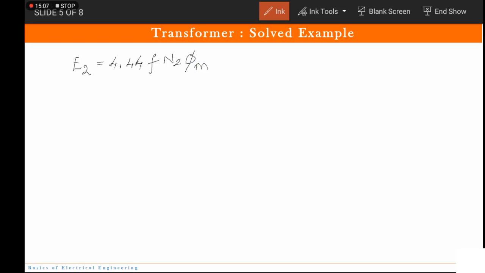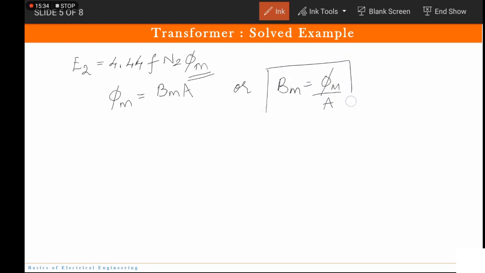Now here area is not there. But then we know that maximum flux density is what? Phi m is given by Bm into A, or Bm was actually flux per unit area. We know this relation, so we will replace this value.